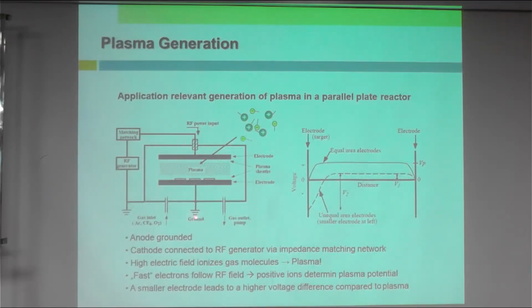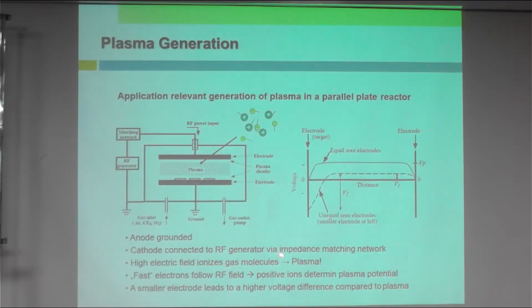You have a ground here, and a gas inlet such as argon, CF4, or O2, oxygen. Then you get a gas outlet. The anode is grounded, and the cathode is connected to the RF generator via an impedance matching network. Then the high electric field ionizes the gas molecules, and you form plasma.